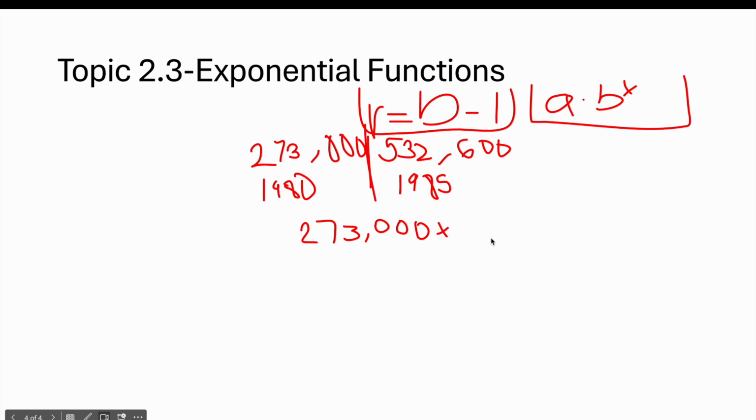So we need to find b, so that we could actually model this. It's pretty simple. You take the fifth root, since this is a 5-year difference, of 532,600 over 273,000.